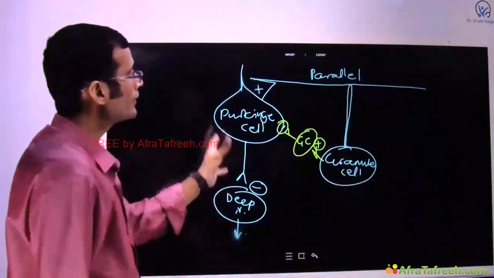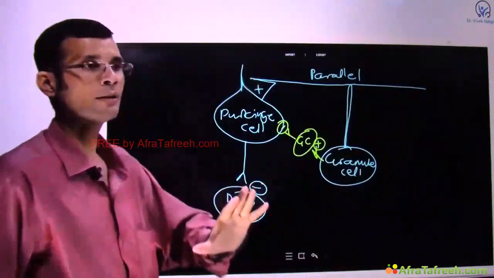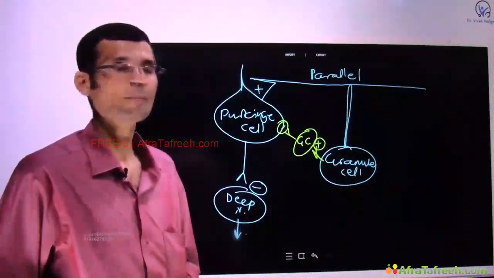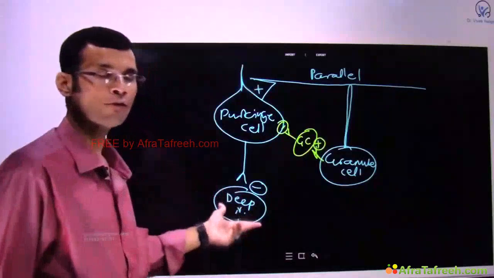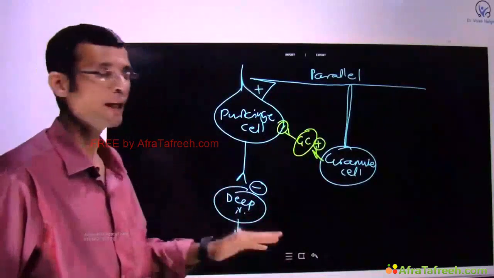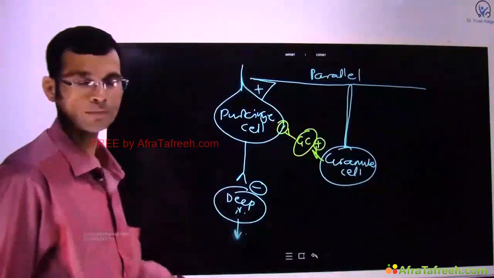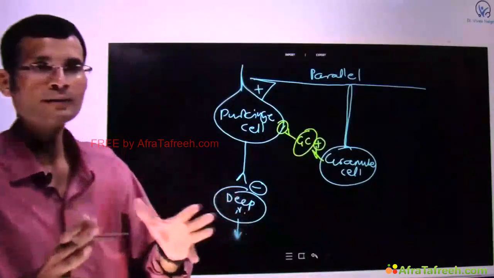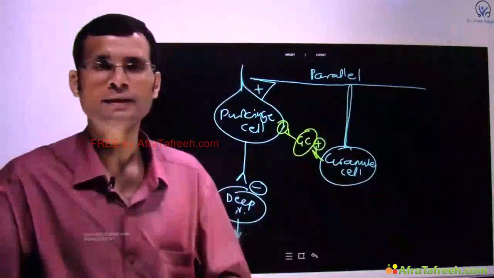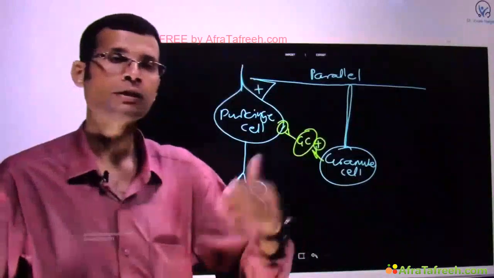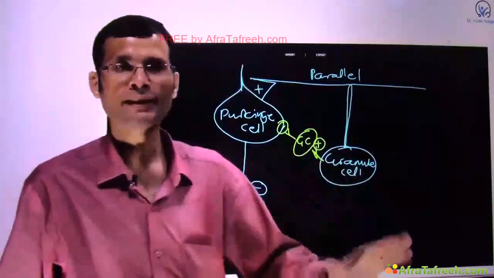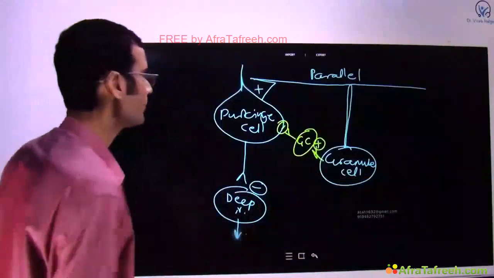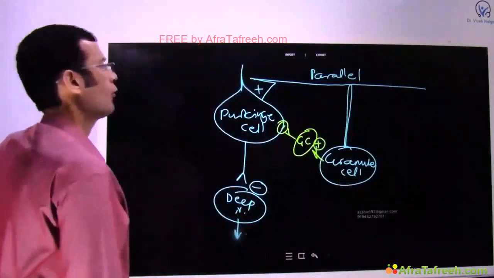So this is how cerebellar learning happens in the case of voluntary movements: there is a switch on switch off type or switch off switch on type of output going from the cerebellum, and that's how we make the movements very accurately and precisely. Over a period of time, we learn how much signal would be needed for a muscle to make that movement precisely and accurately. That's feed-forward inhibition.